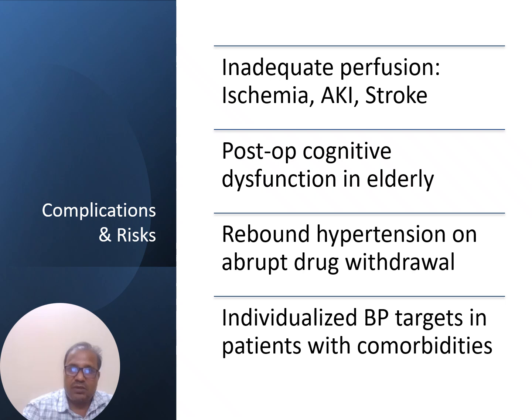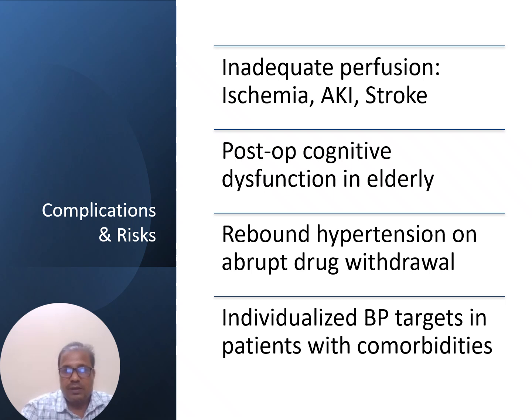What may be the complications of inadequate perfusion in case of hypotensive anesthesia? If inadequate perfusion occurs, there may be a chance of ischemia and AKI and stroke. There will also be a chance of postoperative cognitive dysfunction in the elderly patient.